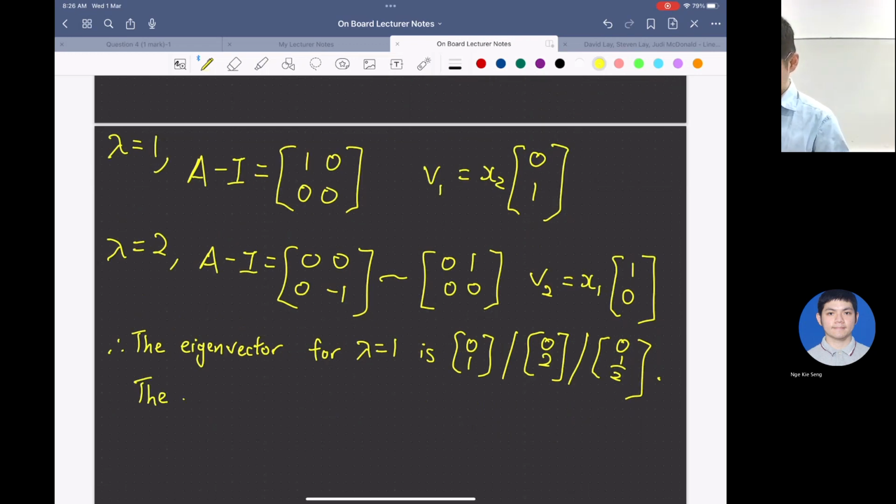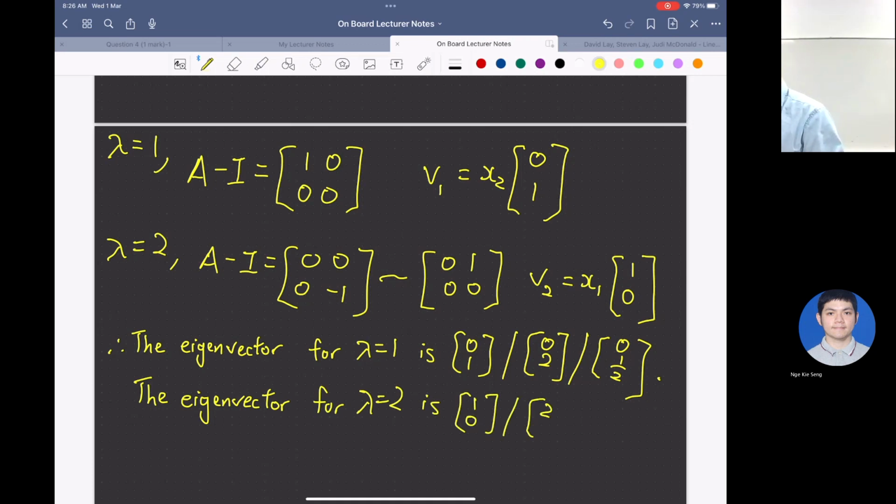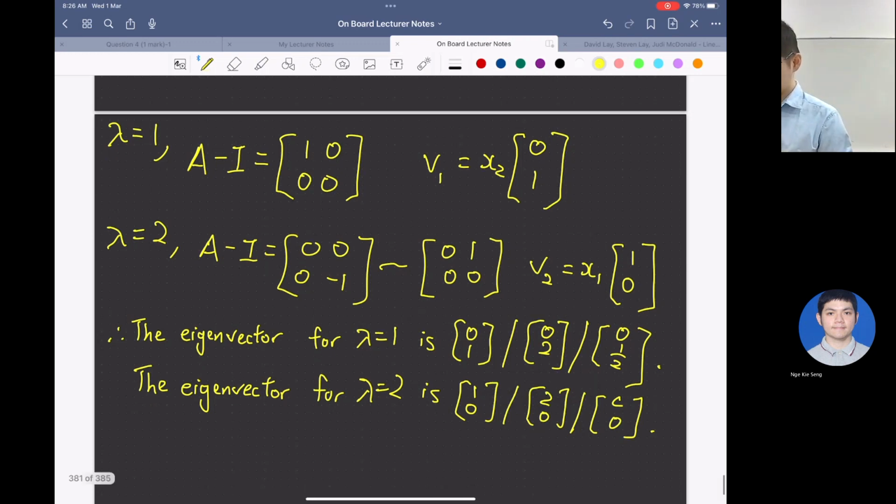And then the eigenvector for lambda 2 is (1, 0). Or you also can put (2, 0), or any c times (1, 0). Just pick one of them. So far following? Feel free to stop me.